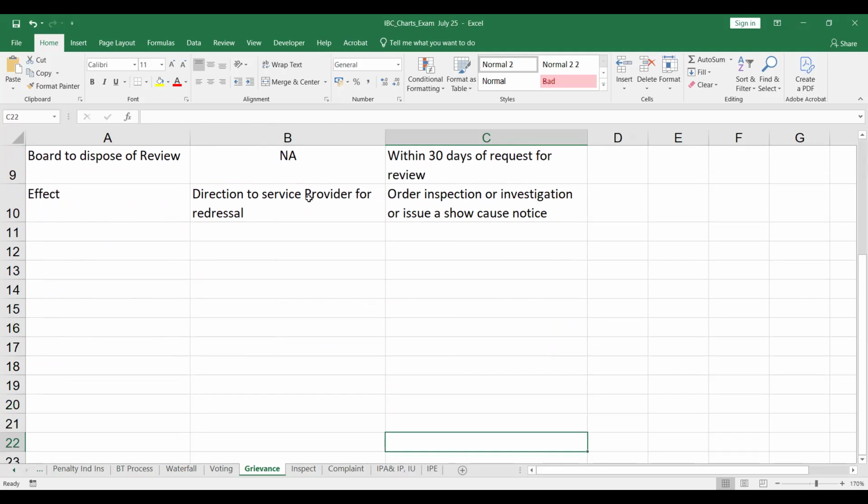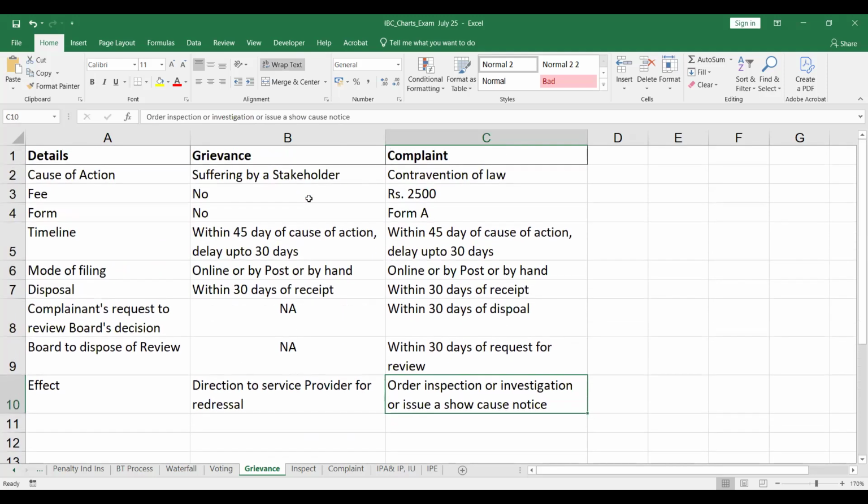Another important thing to remember here is that you cannot file an anonymous complaint. So you have to disclose, but you may request that my identity may not be disclosed, but it is up to the authorities. It is up to the IBBI.